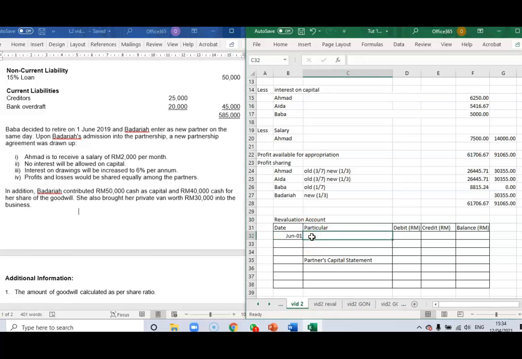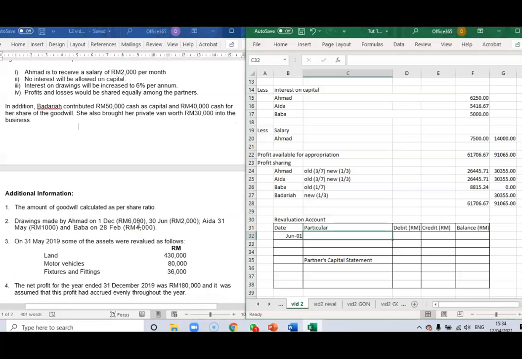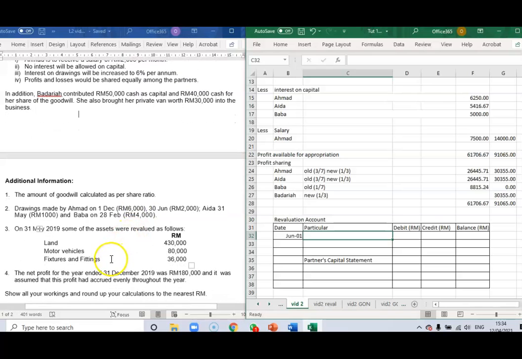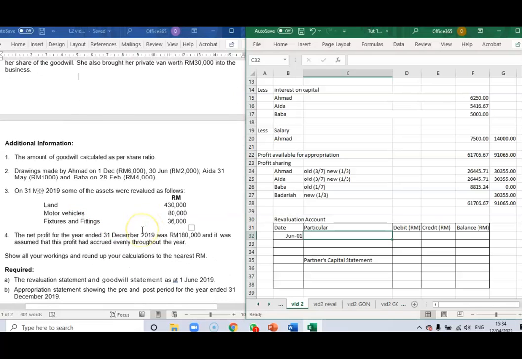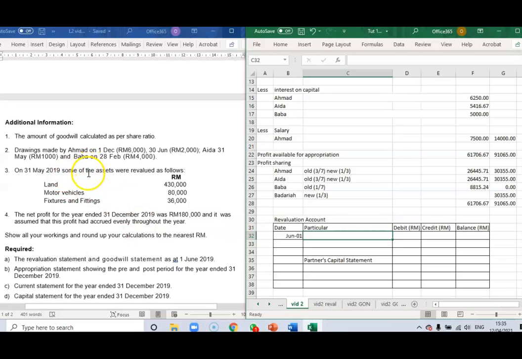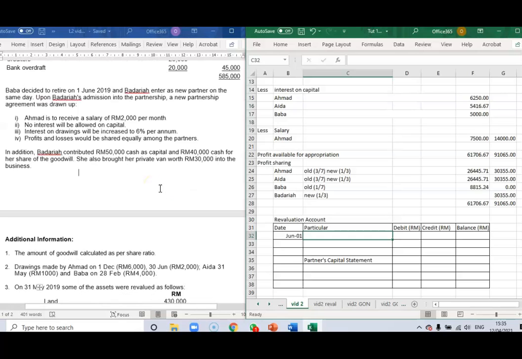For the revaluation, you can see the additional information. Some assets were revalued here. Additional information number 3: land becomes 430,000.